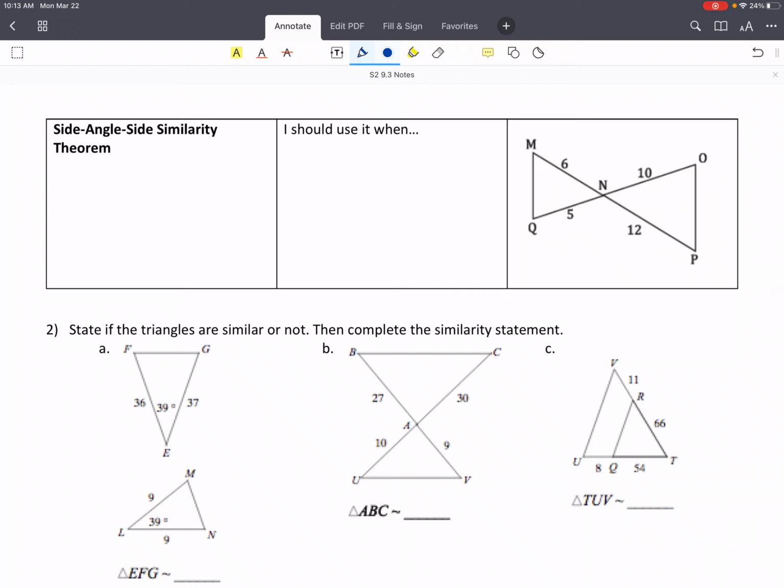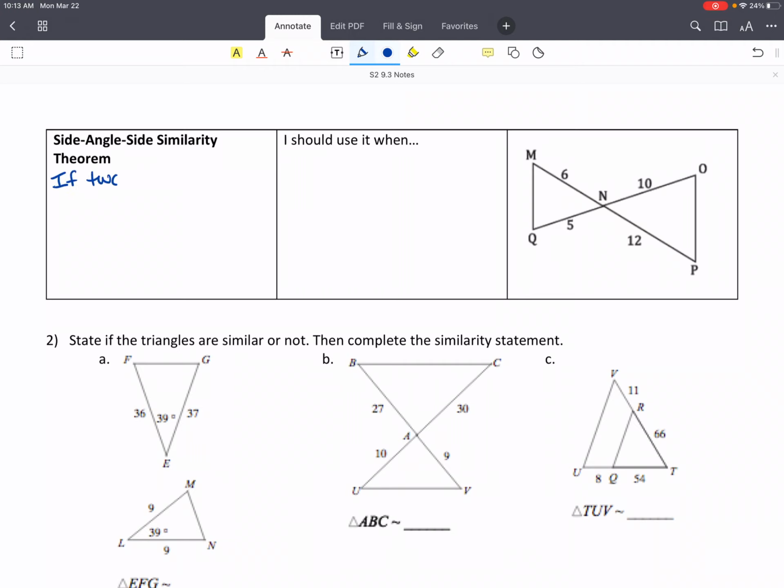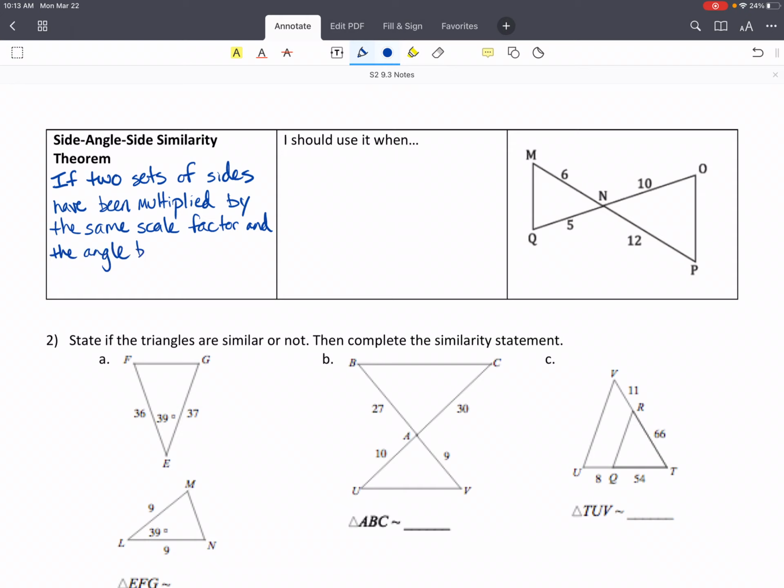Basically, two sets of sides have been multiplied by the same scale factor, and the angle between them is congruent. Then the triangles are similar.